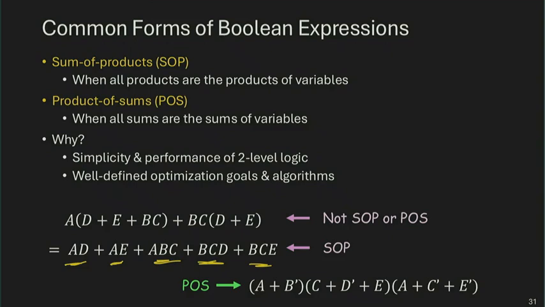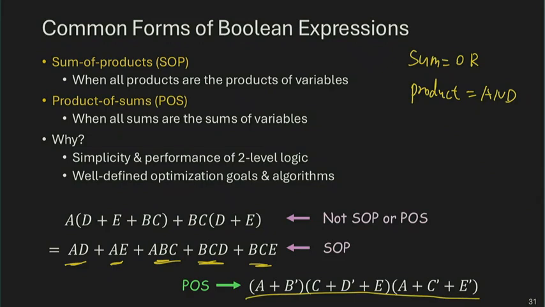Right? Sum is essentially an OR function. Product is essentially an AND function. This is just how casually and commonly people call AND and OR gates. Right? Sum of products is a sum of a bunch of products, and each product is a product of variables. Product of sums is a product of a bunch of sum terms, a bunch of OR terms.